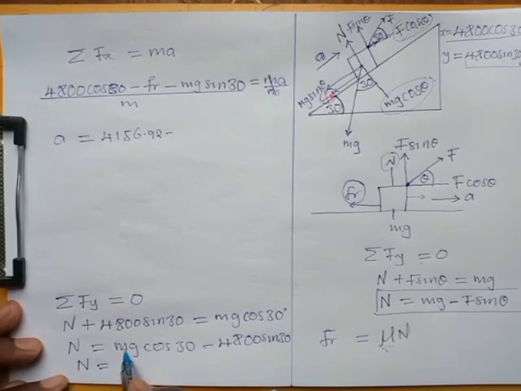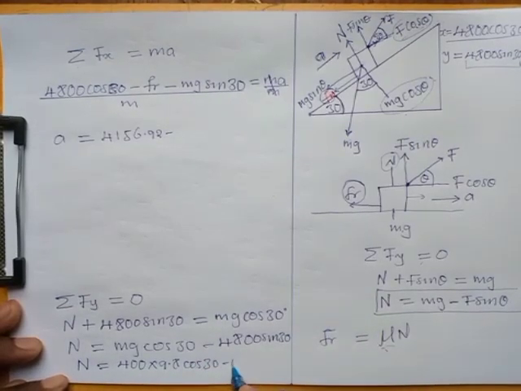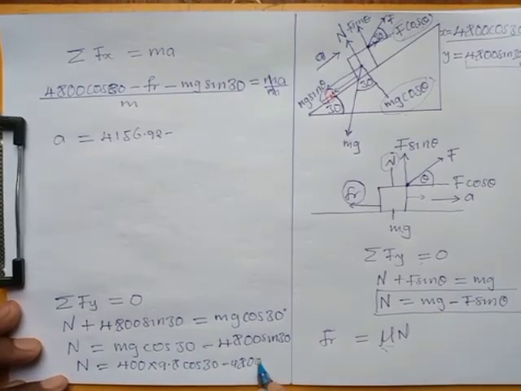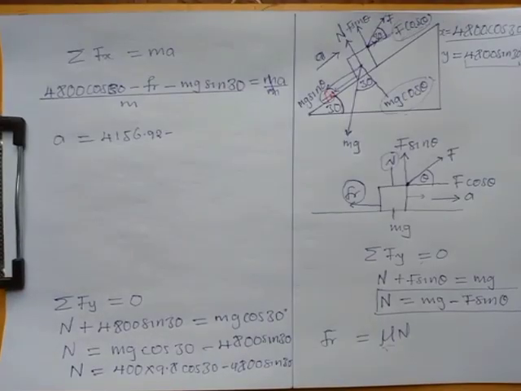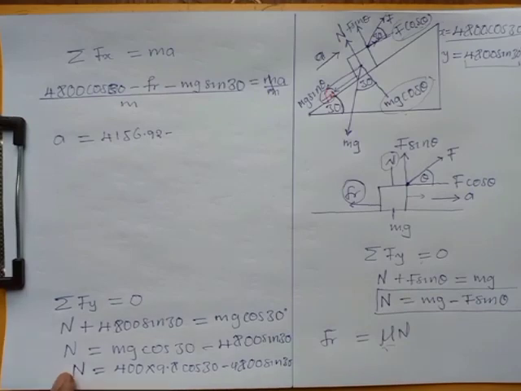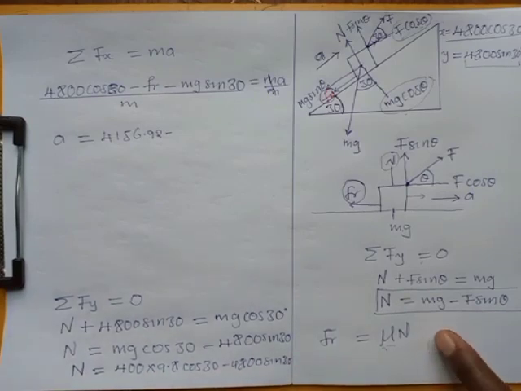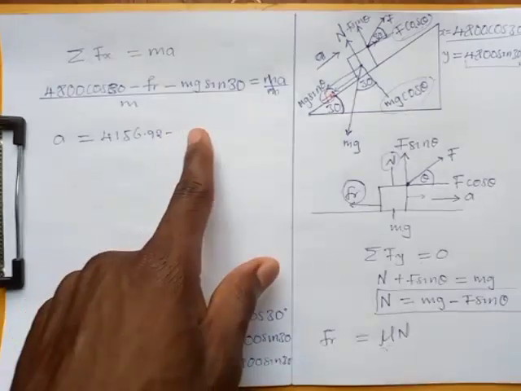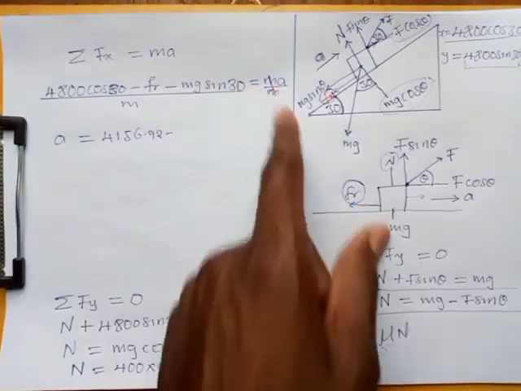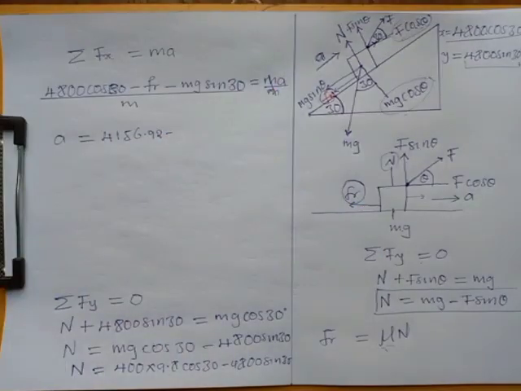Normal force is going to be equal to 400 multiplied by 9.8 cos 30 minus 4,800 sine 30. Let me do calculations just quickly for normal force here so that we can place it where there is friction, including this one. Then we find the friction force.